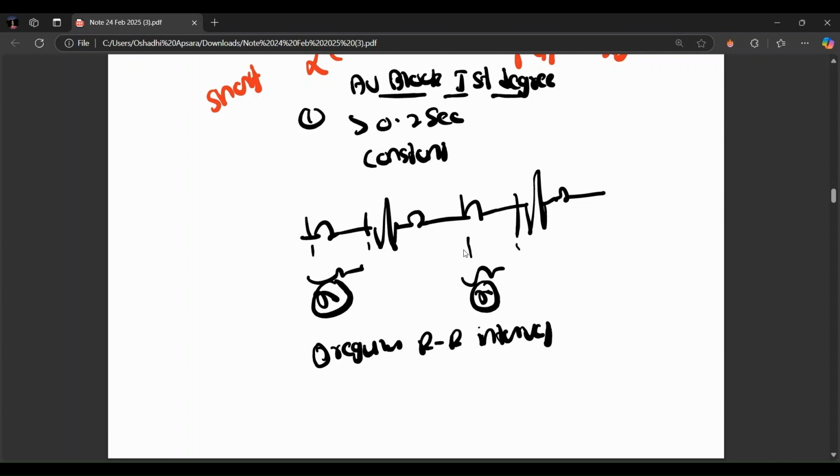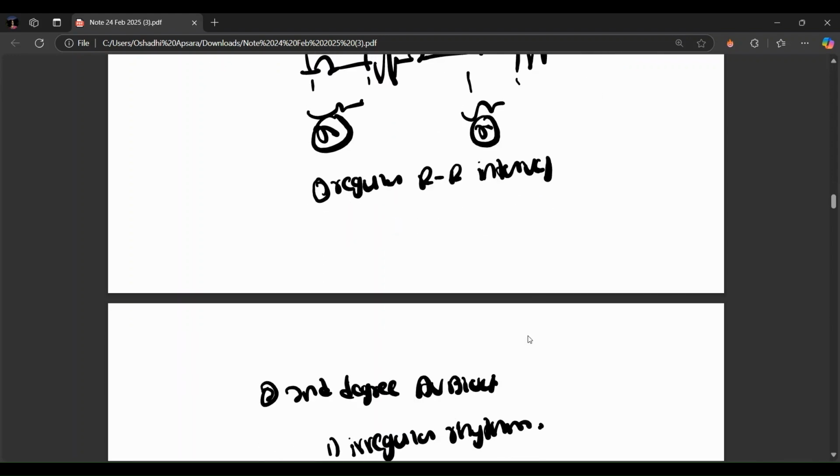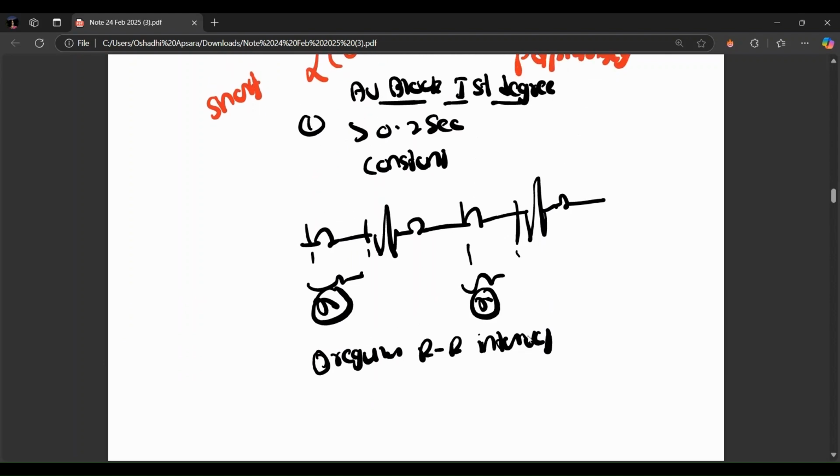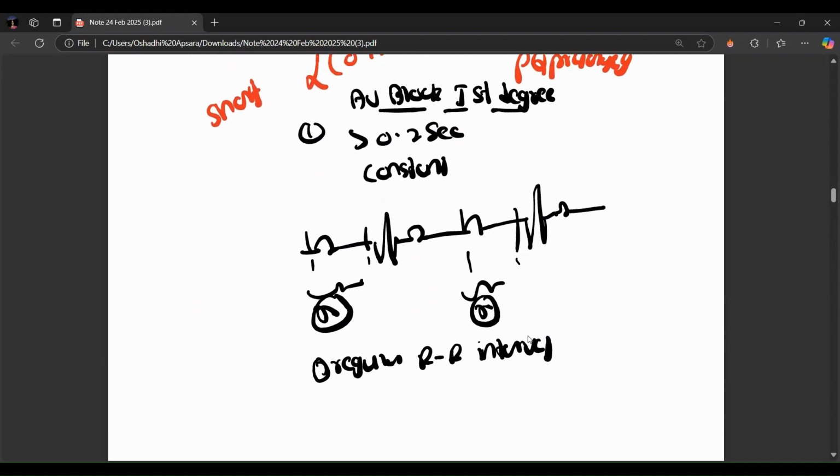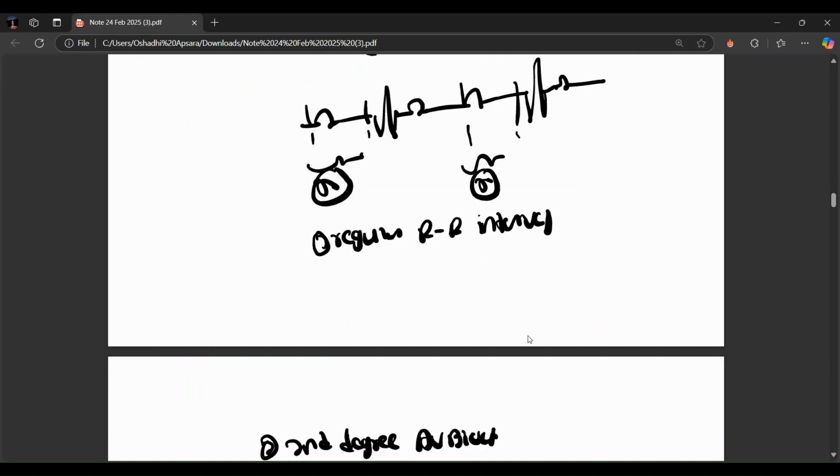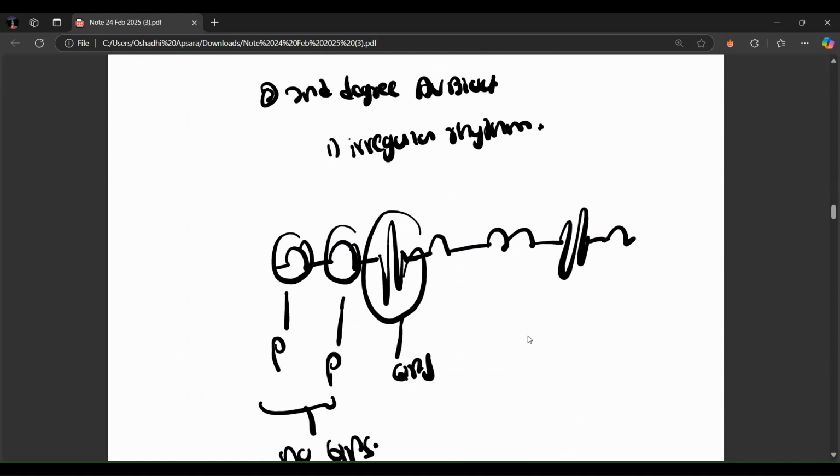It is a constant duration, and there is a regular RR interval. So tomorrow if you see an ECG where the PQ is more than 0.2 second and constant, and there is a regular RR interval, what is that? It is AV block first degree. Simple.